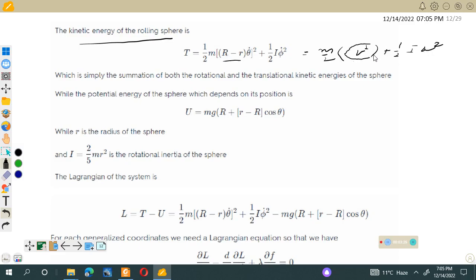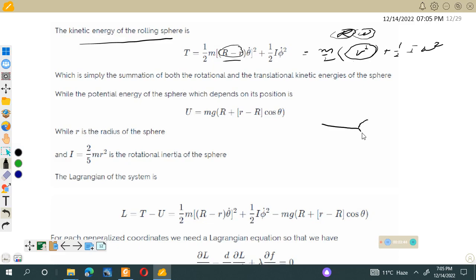Here v is equal to r omega, and omega can be written as theta dot, but this radius is not R, its effective radius is R minus r, because we have to find the distance from the center.